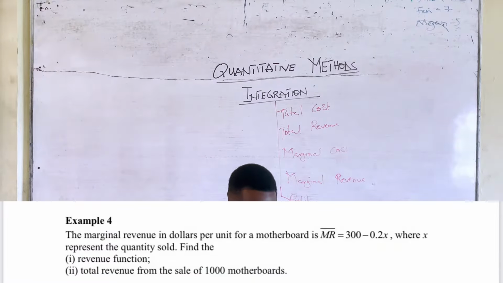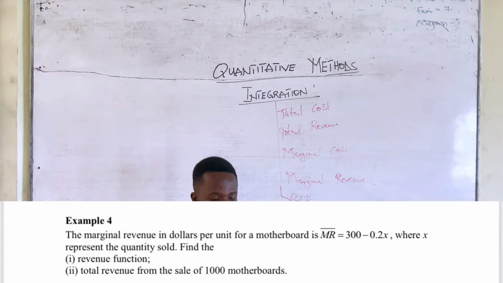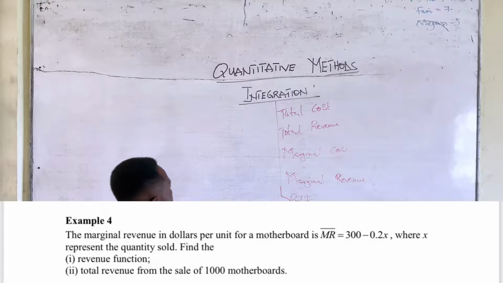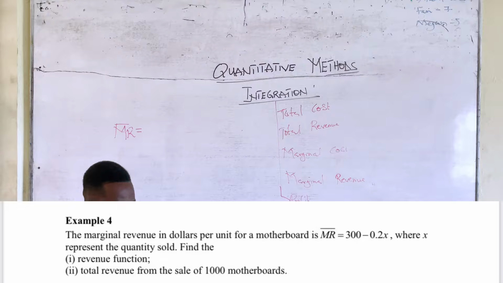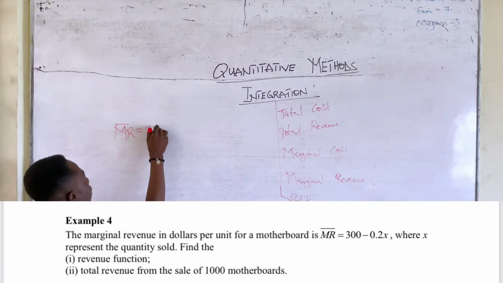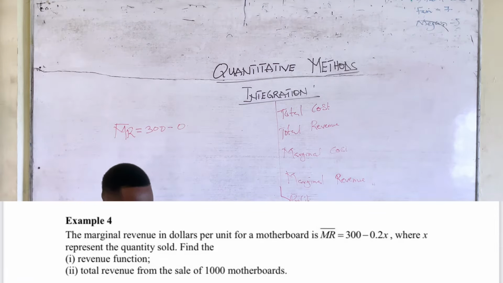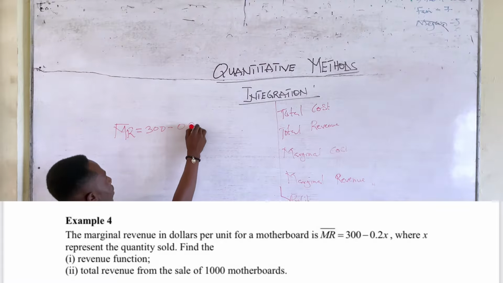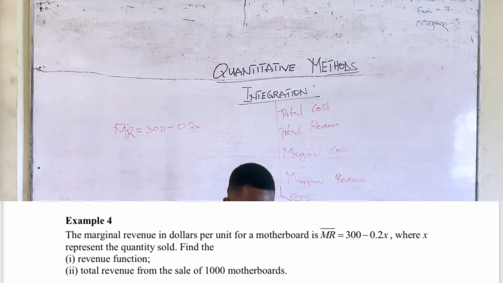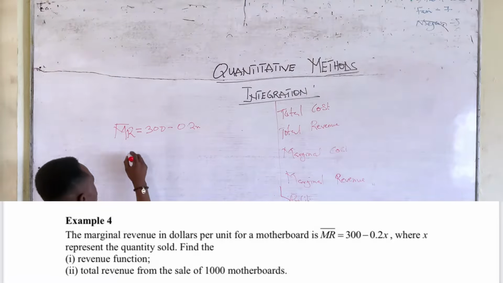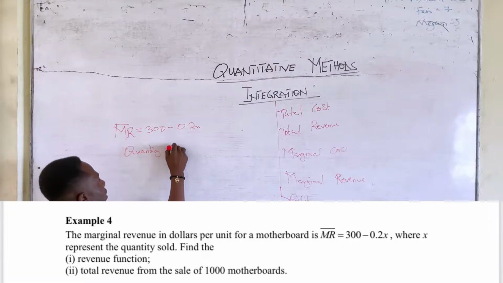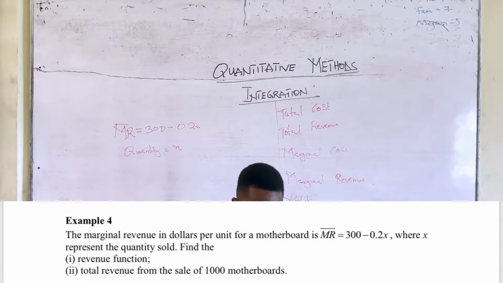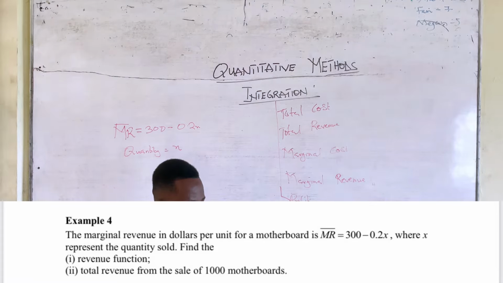So here we have, it says the marginal revenue in dollars per unit for a motherboard is MR equals 300 minus 0.2x, where x represents the quantity sold. So the quantity is x. Find (i) the revenue function.